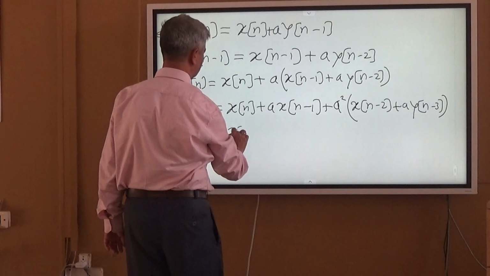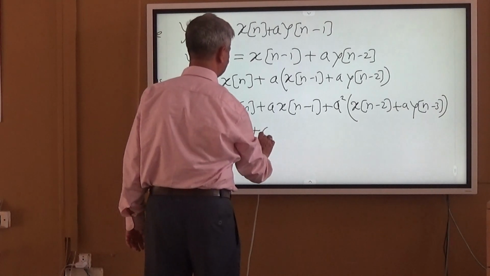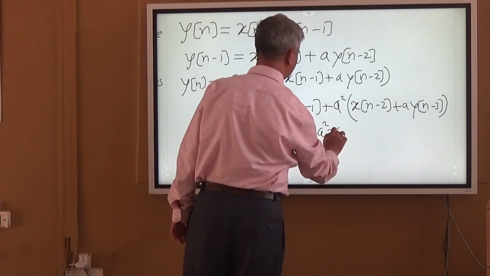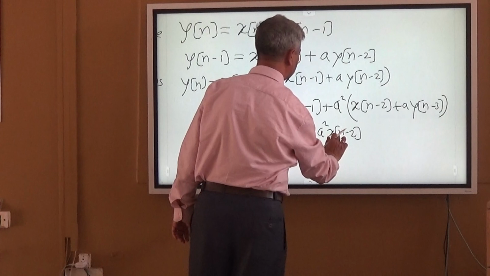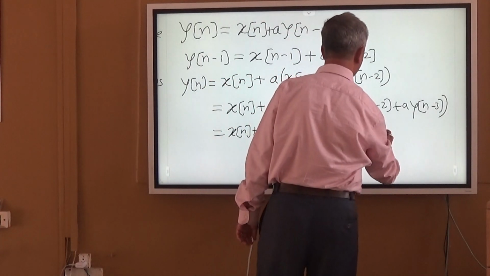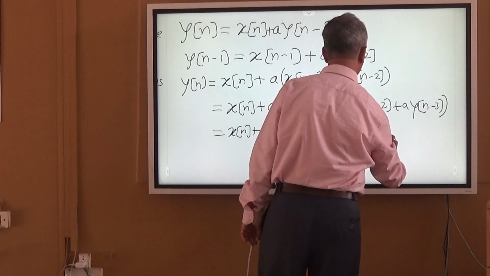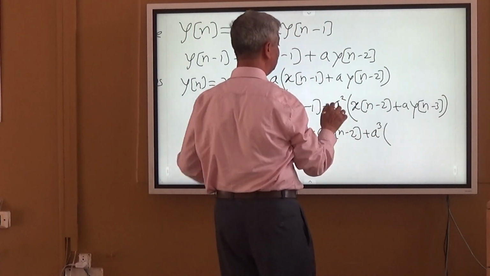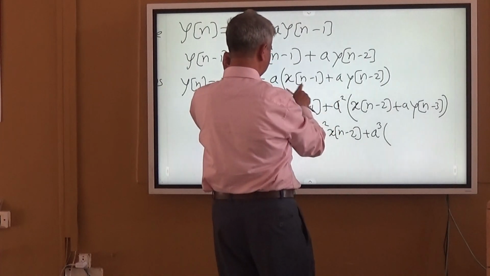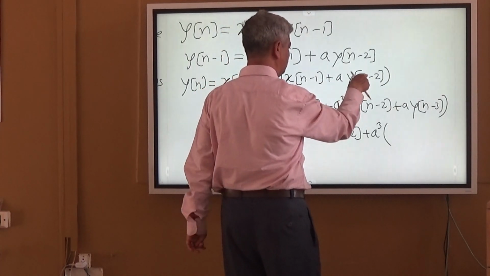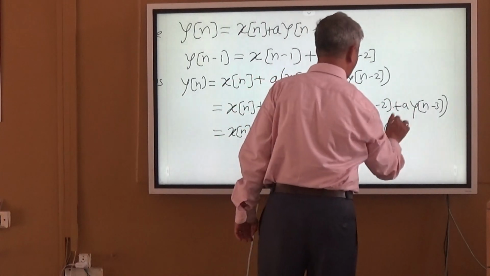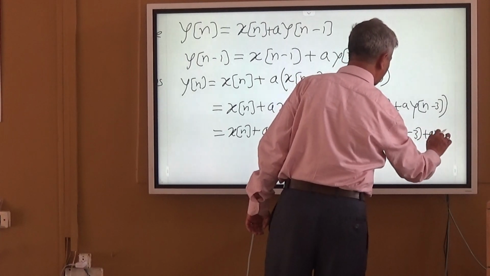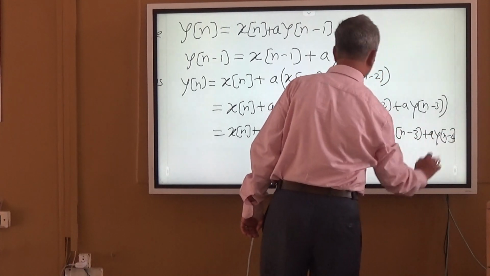I think by just observation you can get the formula. Plus a xn minus 1 plus a square xn minus 2 plus a cube, and here what we did, we expanded this, a square we did, and for yn minus 2 we replaced. So a square, a cube, and yn minus 3 is xn minus 3 plus a yn minus 4.